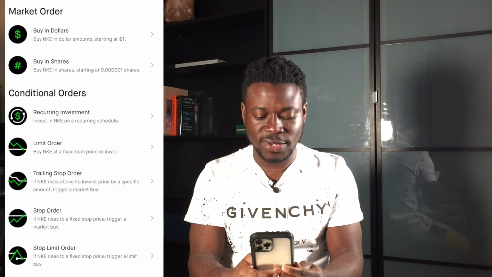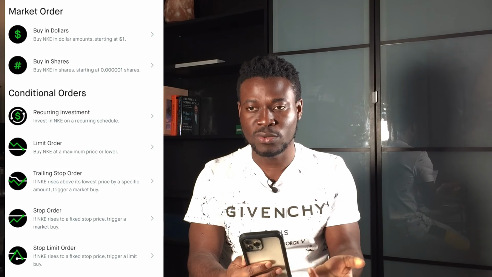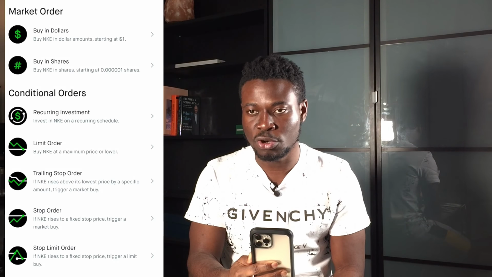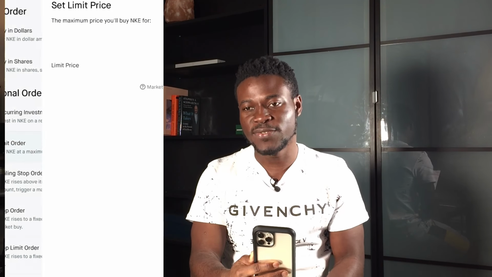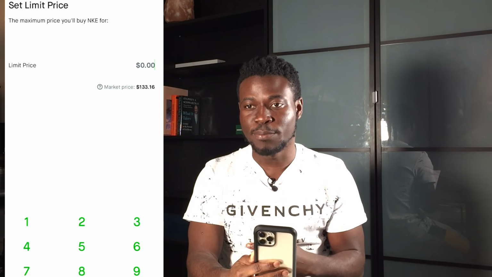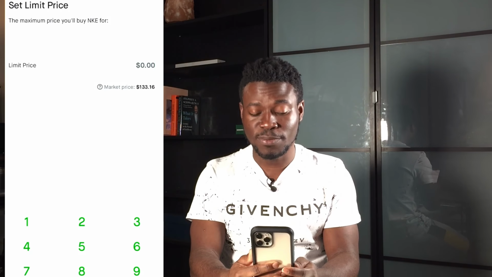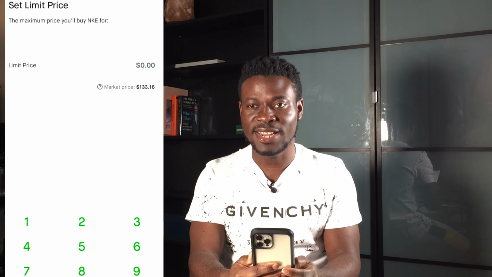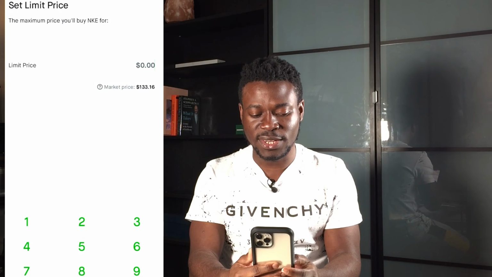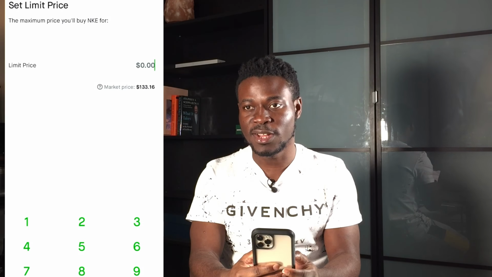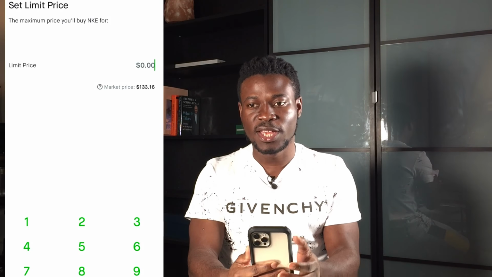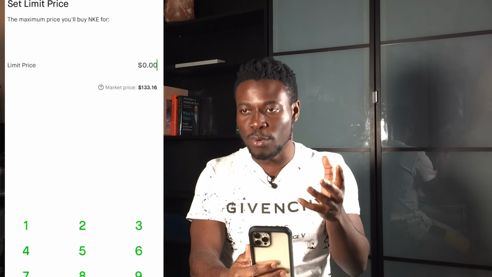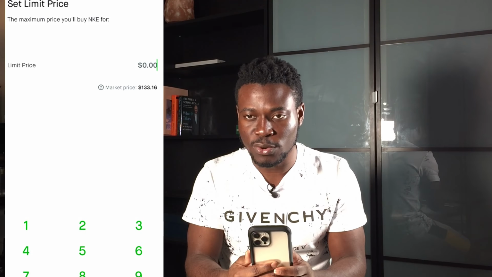So here, for example, the markets have closed and they cannot execute your order instantly, or maybe you just want to wait for when the price of a stock has dropped. What you can do is place a limit. So if this stock doesn't drop to this limit, then you don't want to buy this stock. Or maybe if this stock goes above this limit, then you don't want to buy it.